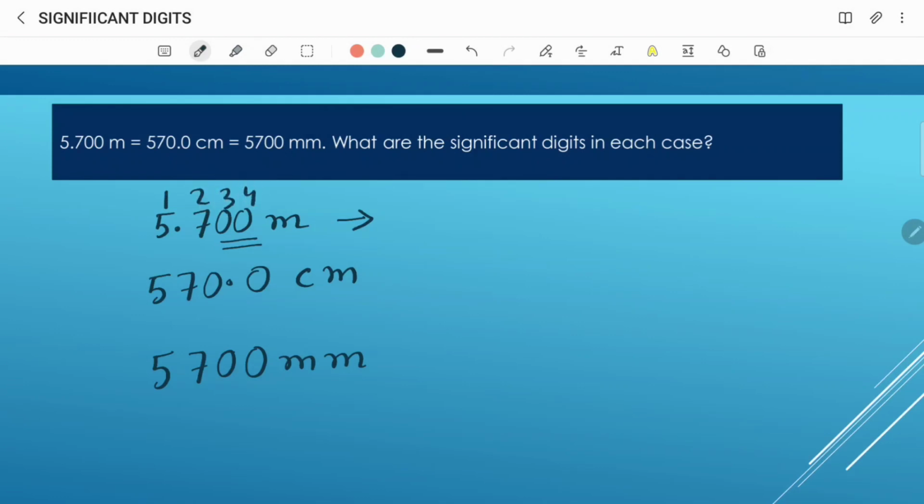So this has a total of 4 significant digits. This 0 is also after the decimal, and this 0 is before the decimal but is preceded by numbers. So this also has 4 significant digits. But this is a whole number integer that has 0 at the end. So these 2 zeros do not count. This has only 2 significant digits.